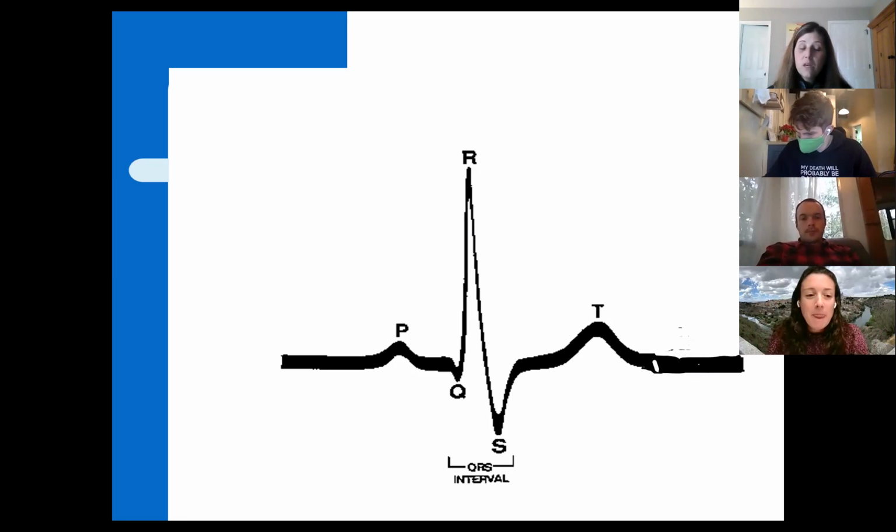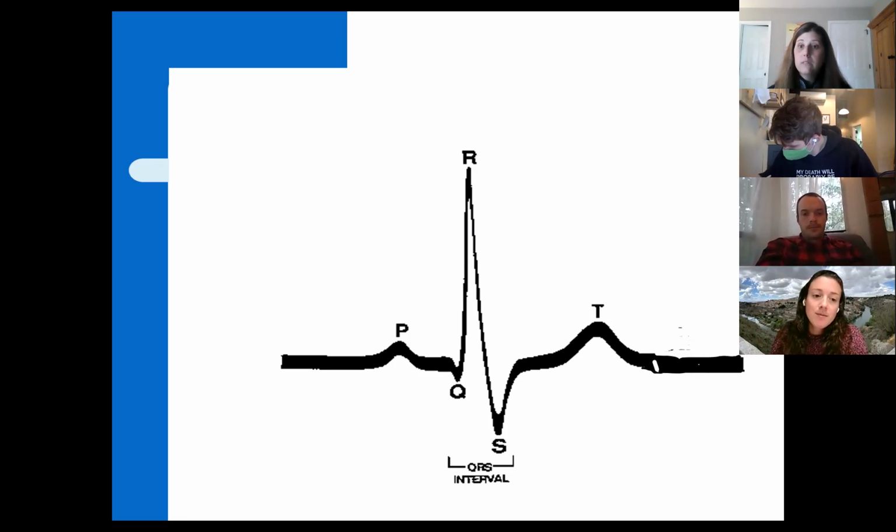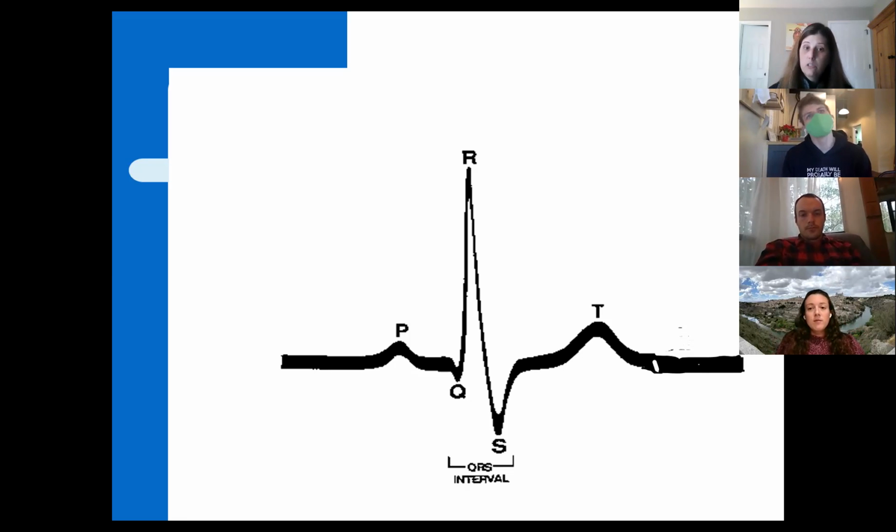Okay. So the P wave is the atria contracting. It's the depolarization. It is going to squeeze and send the blood down into the ventricles. Okay. The QRS is the ventricles contracting. If it's the right ventricle, the blood is going to the lung to pick up oxygen. If it's the left ventricle, it's contracting and squeezing and sending that oxygen-rich blood out to the rest of the body.